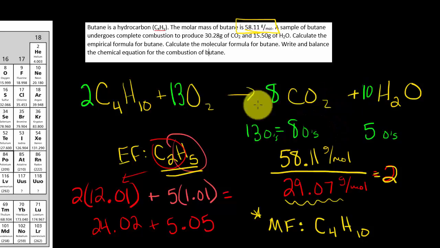And you can go back through there and count all your atoms, and you'll see that this is correctly balanced. So that's how you go from masses of CO2 and H2O to calculate the empirical formula and the molecular formula if you're given the molar mass of the molecular formula, and then writing and balancing the equation.